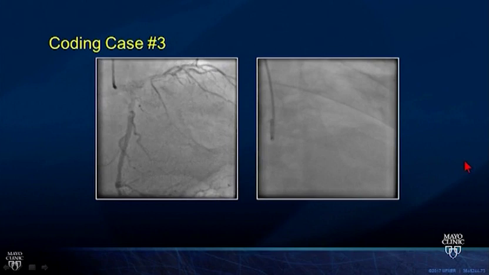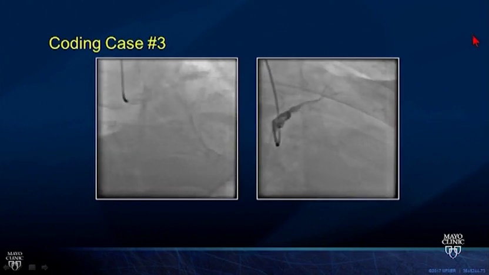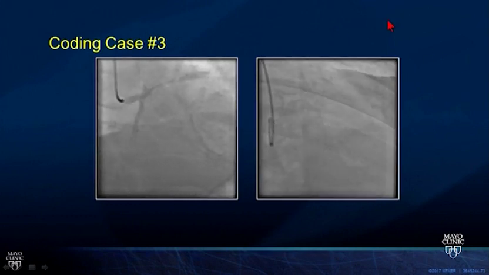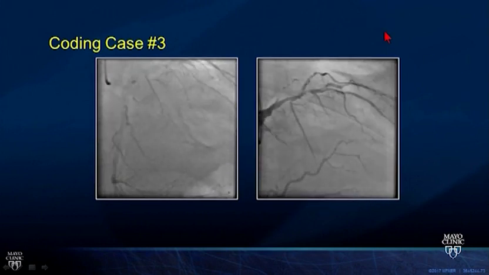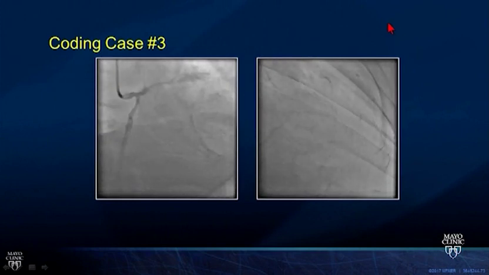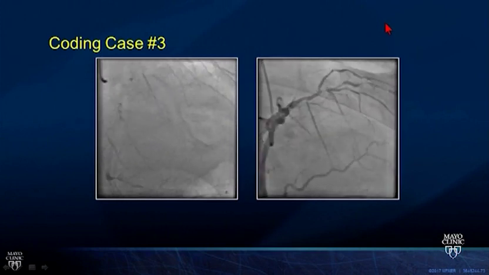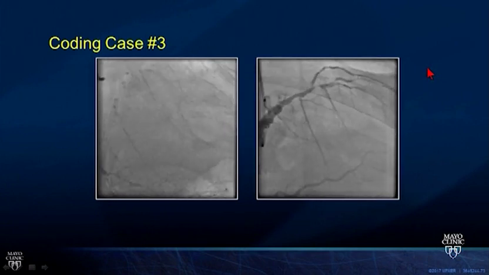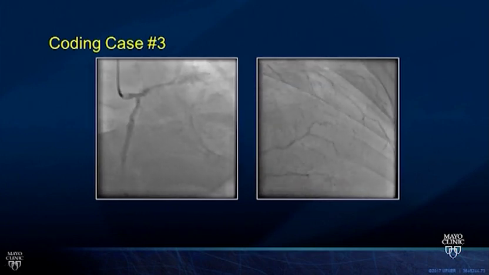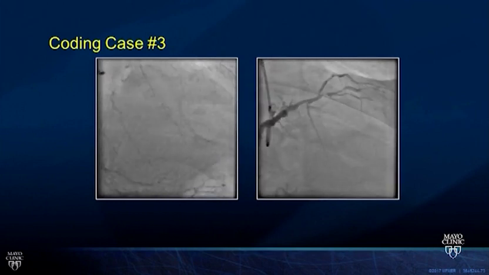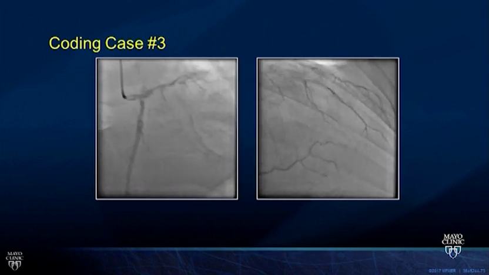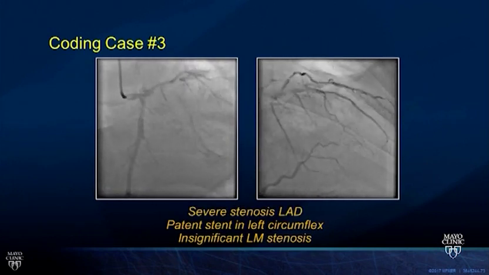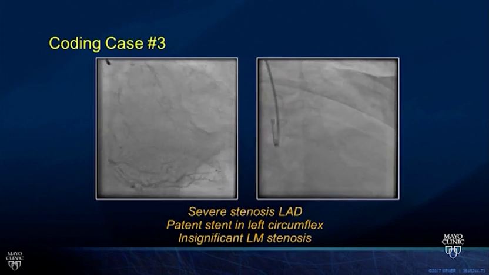Here's another case. This is an AP caudal view, left coronary injection on the left, and an AP cranial view on the right-hand side. All right, so for this, the most important thing is that there's a severe stenosis in the LAD.